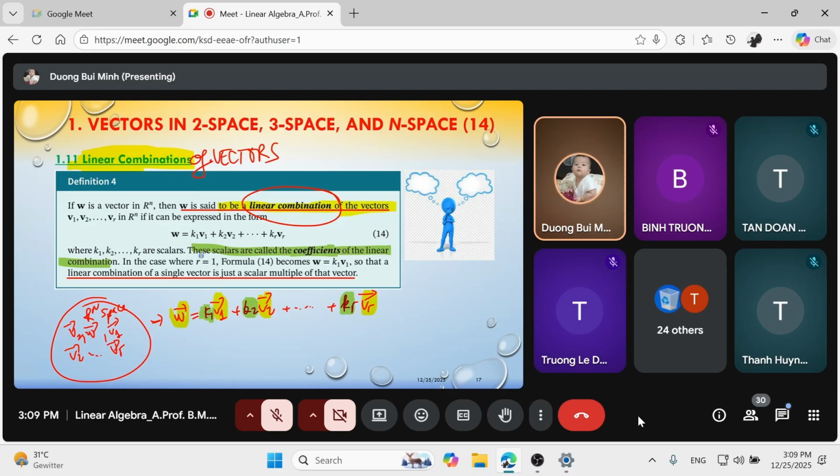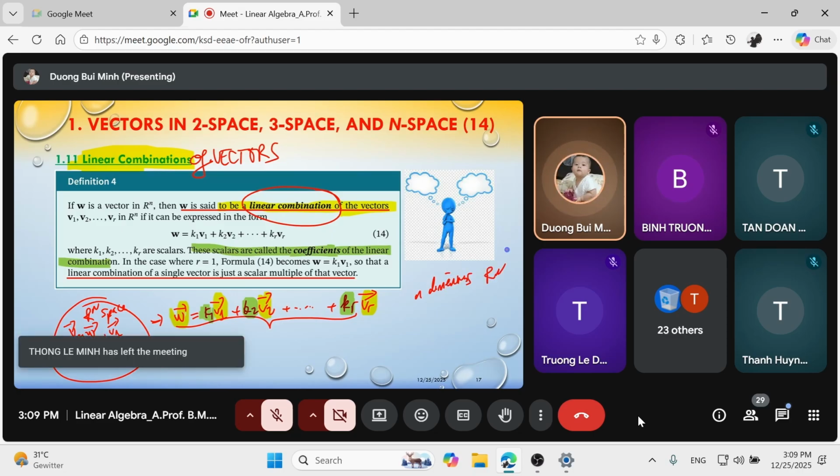So here we have a linear combination of vectors in n dimension. Now I ask you a question: if we consider this, can we indicate a linear system of equations? Yes or no? The answer is yes.